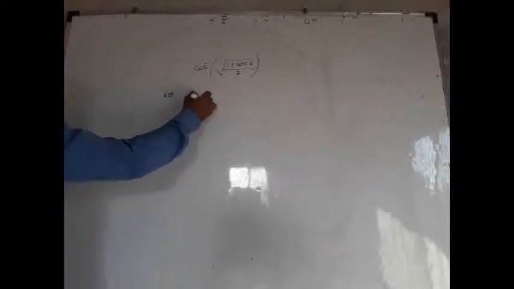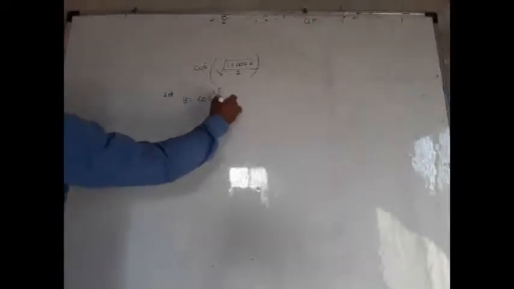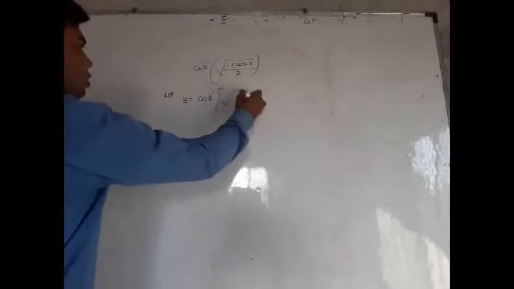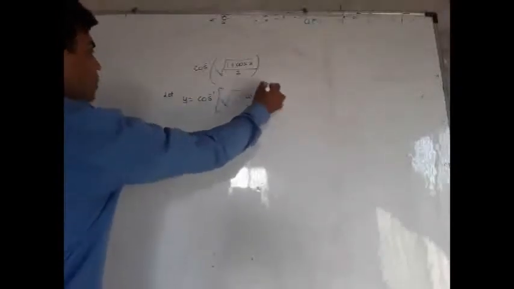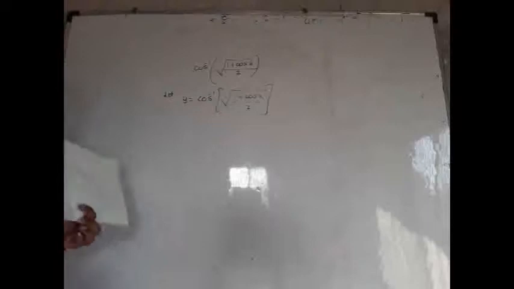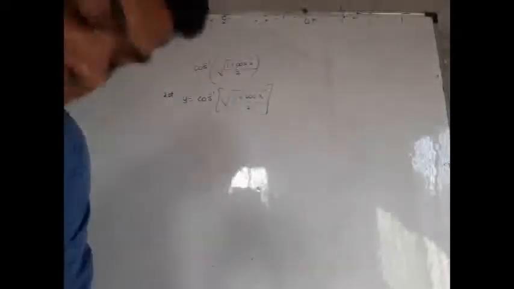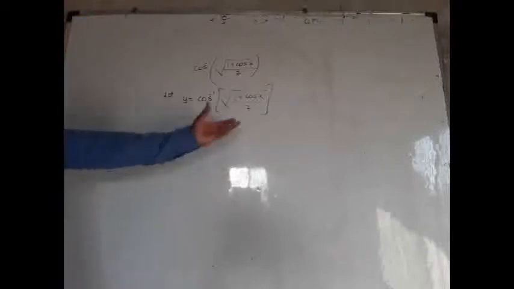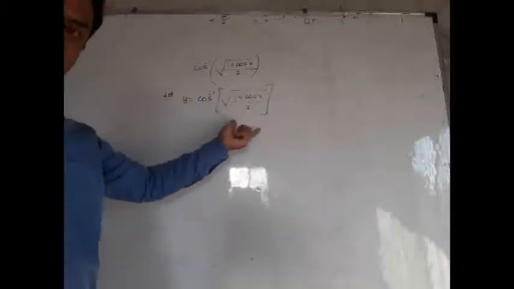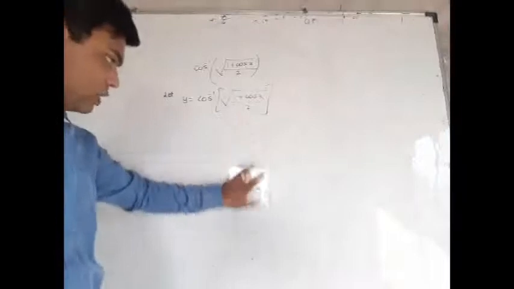Let y is equal to the cos inverse of under root of 1 plus cos x upon 2. Here the basic or important step, we have to convert this particular type into the cos. Now how we can solve this question?